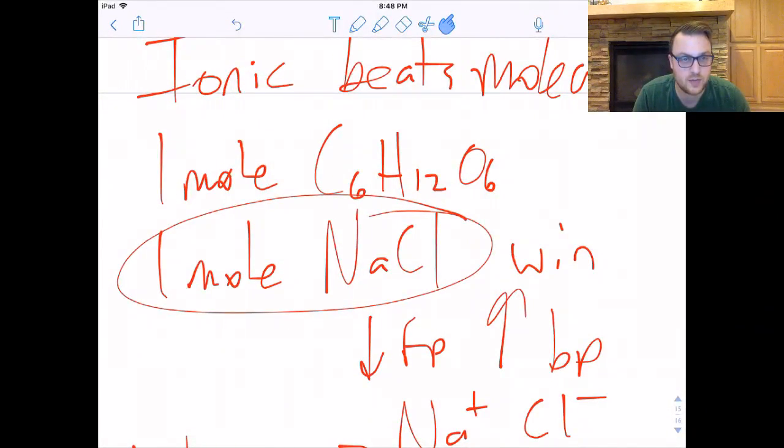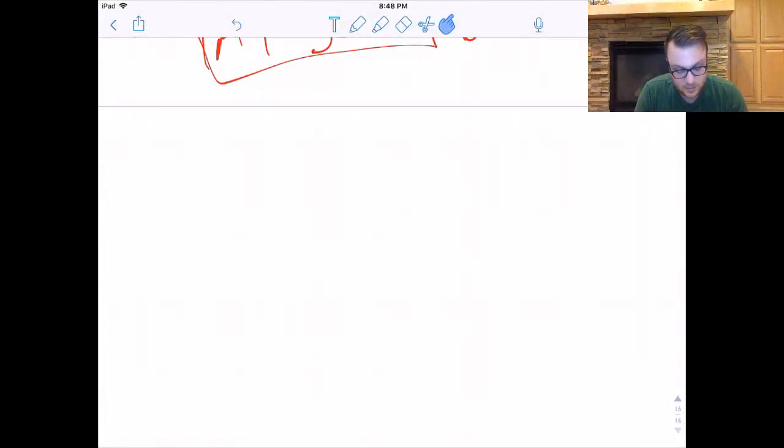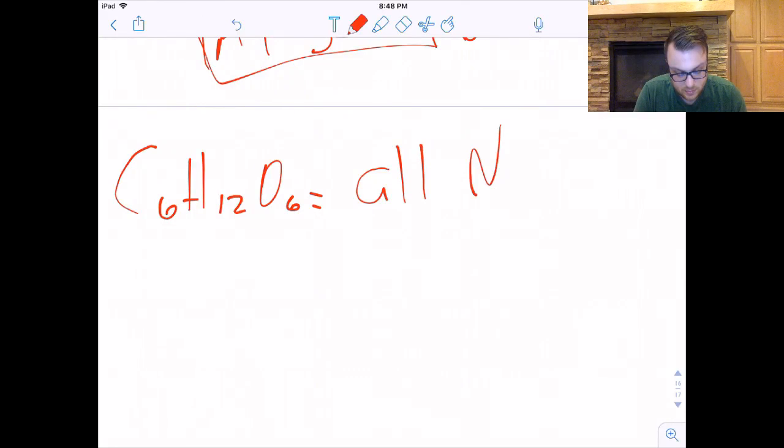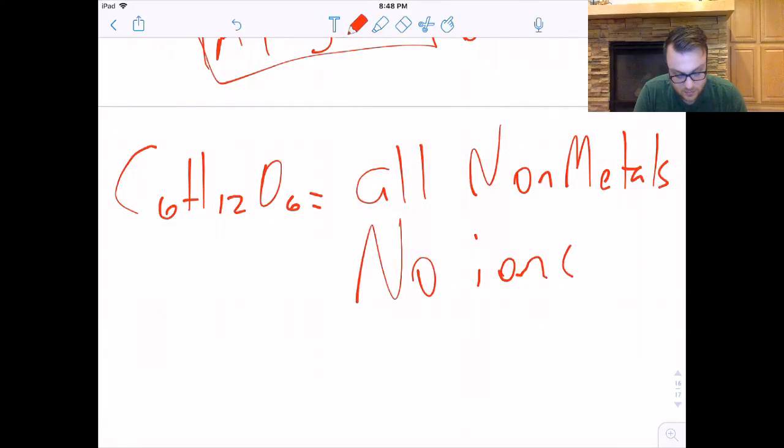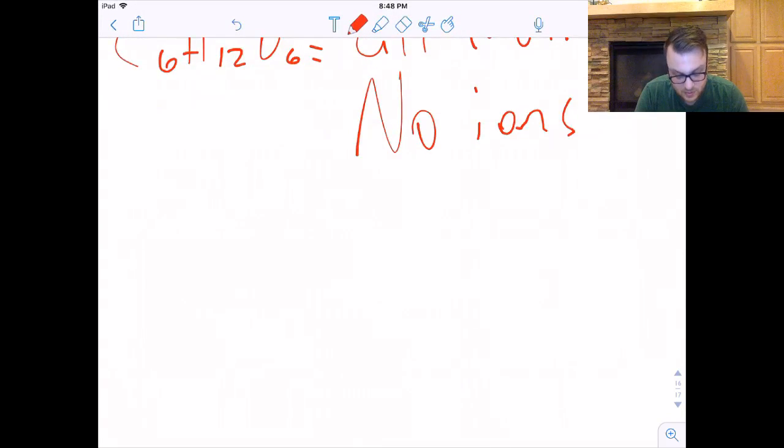So molecular substances, when you dissolve them in water, take solid sugar and put it in H2O, they don't dissociate. They just mix and form a solution. There is no dissociating occurring with a molecular substance, aka any substance that is nothing but nonmetals.